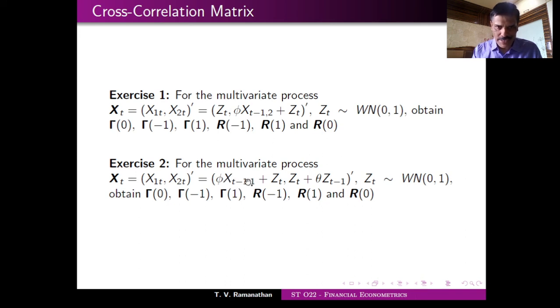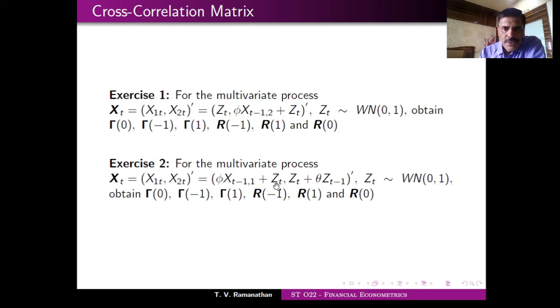In fact, in this case as well as in this case, there is a typing error. This should be 2t minus 1 and this should be 1t minus 1. That means the previous value of this particular series. And x2t is actually a moving average, zt plus theta zt minus 1. So this is x2t. Now what is required is that you need to compute these quantities.